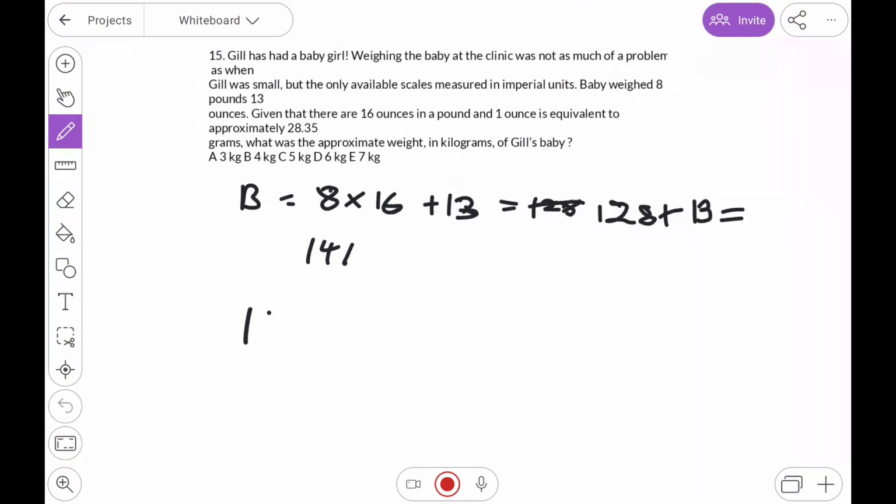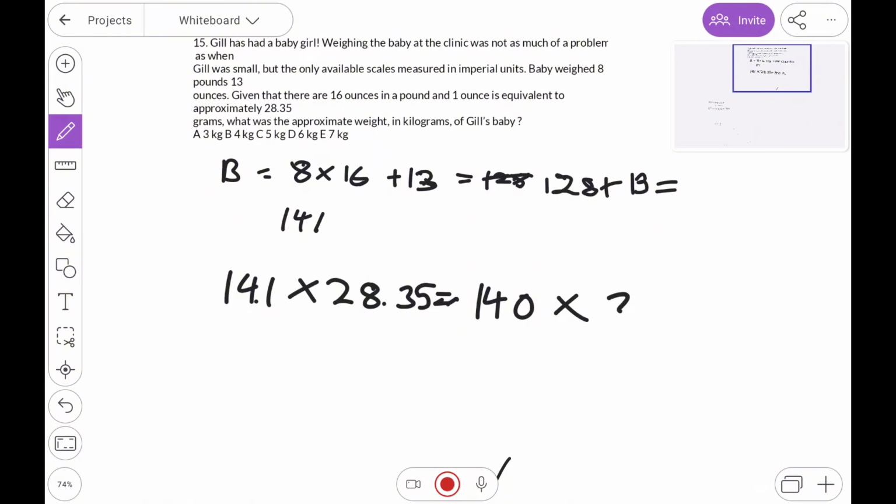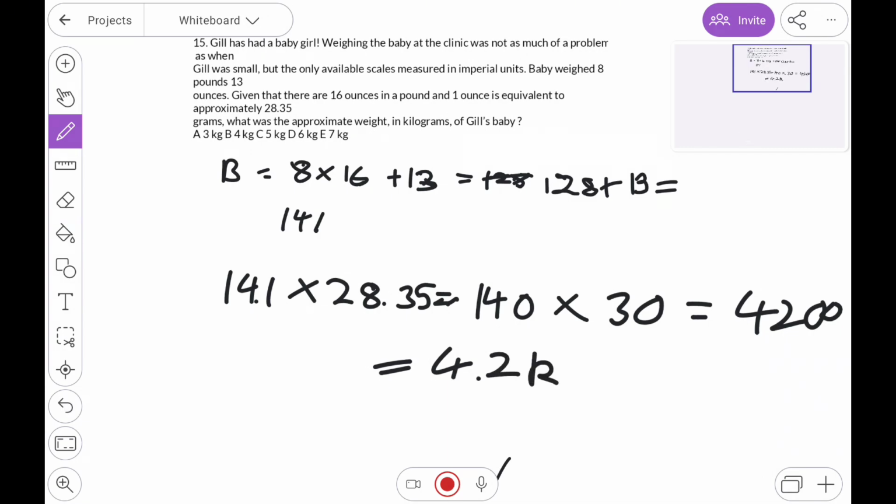But we need to do 141 times 28.35. We want an approximate answer, so it's okay if we round it. We can round it to 140 times 30, which is 4,200 grams, which is 4.2 kgs.